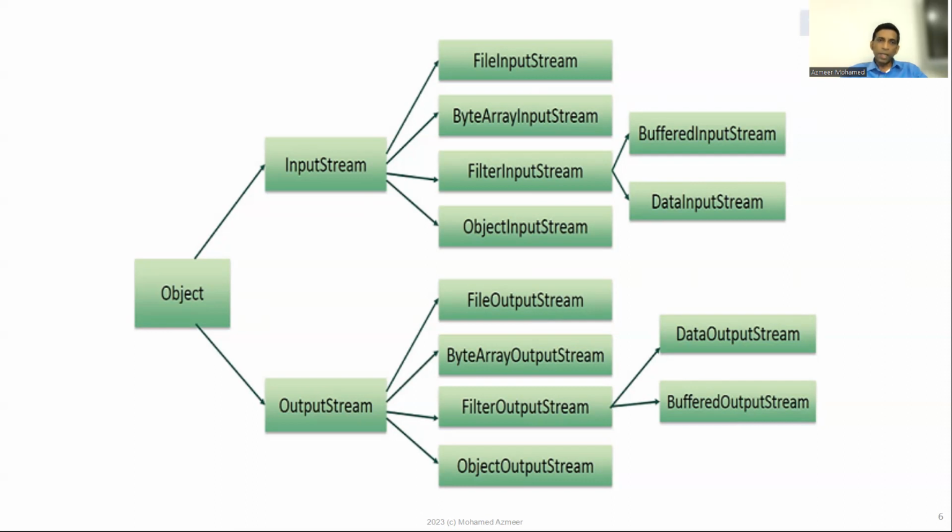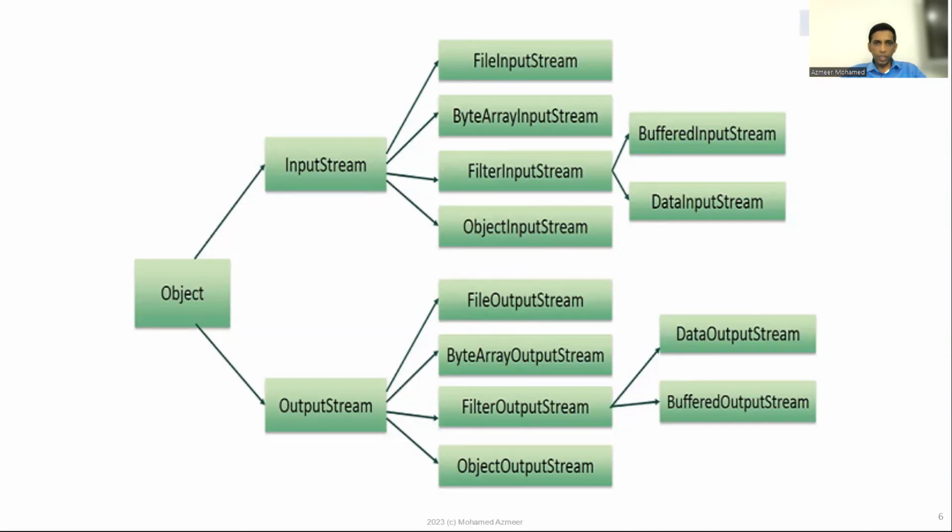If you take input, we have file input stream, byte array input, filter input, object input. Now the filter input can be buffered input stream or data input stream. Similarly, for output we have file output, byte array output, filter output, object output. Now the filter output again can be broken down into data output and buffered output also, right?